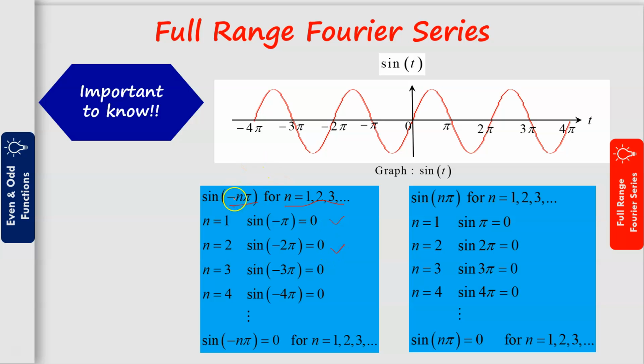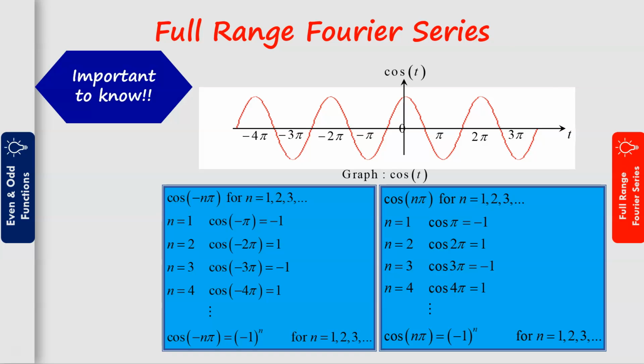So for n equal to 3, 4 and so on, all of these will be equal to 0. And then sin n pi, when you compute, you also get equal to 0. This means that sin negative n pi equals 0 and also sin n pi equals 0, and sine is an odd function. We will see later which part we need to use this information for.